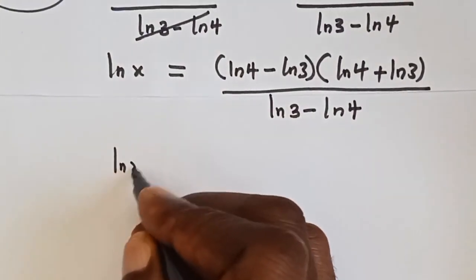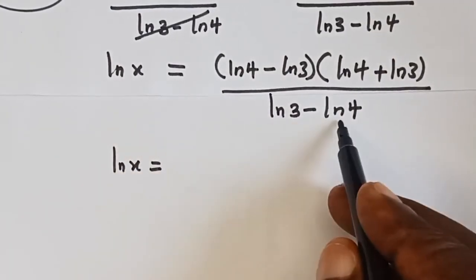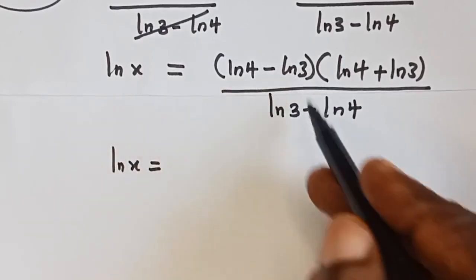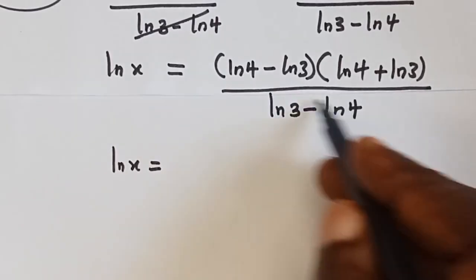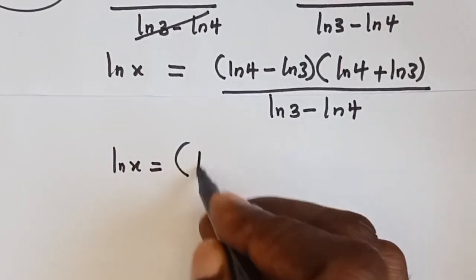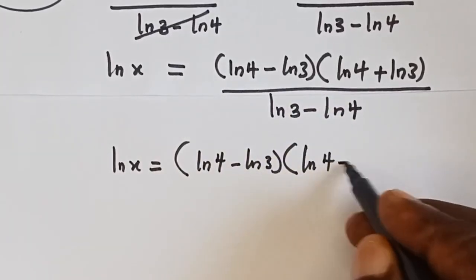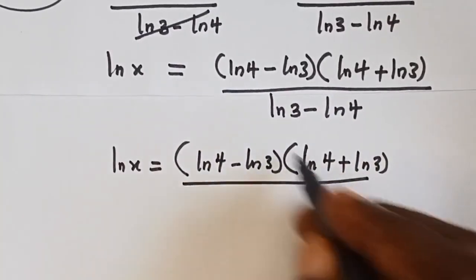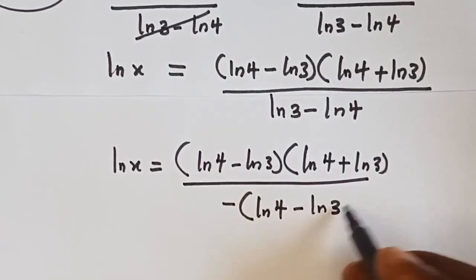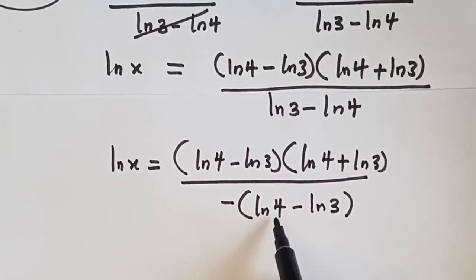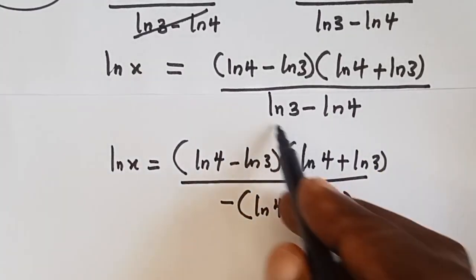Okay, so from there, you can see that ln 3 is starting this expression, ln 3 minus ln 4, while here we have it as ln 4 minus ln 3. So we can actually cancel like that. What we're going to do is change the arrangement of this. So we have (ln 4 minus ln 3) multiplied by (ln 4 plus ln 3) over minus (ln 4 minus ln 3), because minus 1 times ln 4 gives minus ln 4, then minus 1 times minus ln 3 gives plus ln 3.